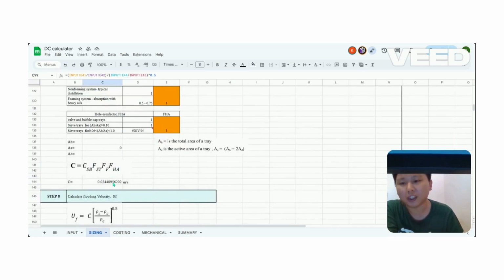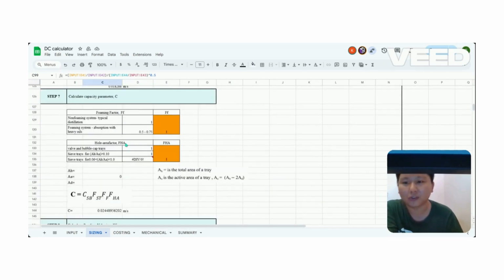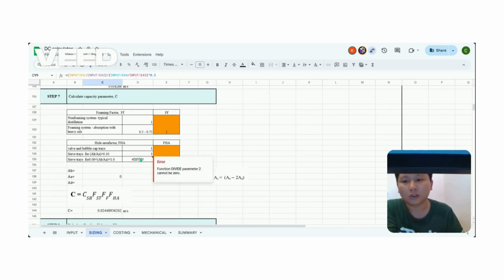Then what about FF and FHA? FF is the foaming factor, while FHA is the hole area factor. For these two parameters, you need to check the question information, whether the information is provided or not.